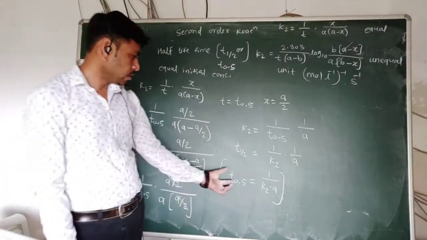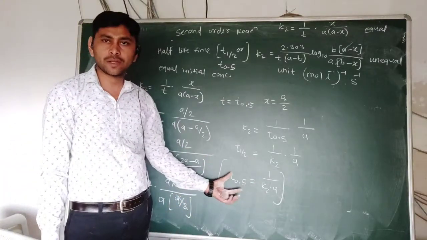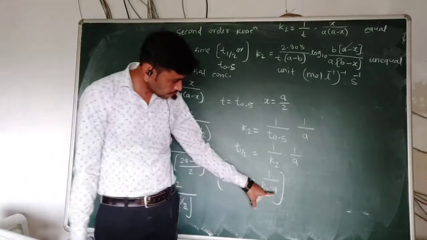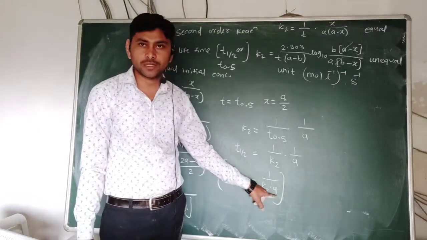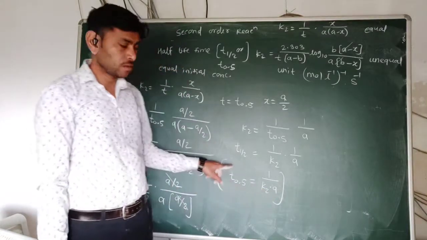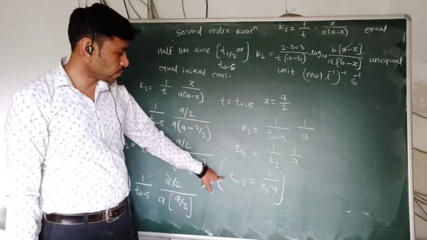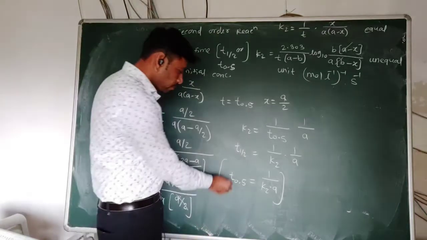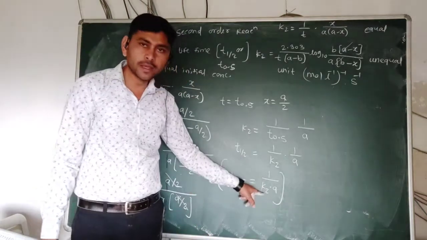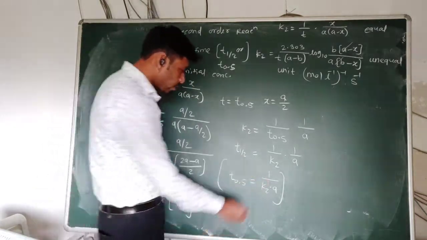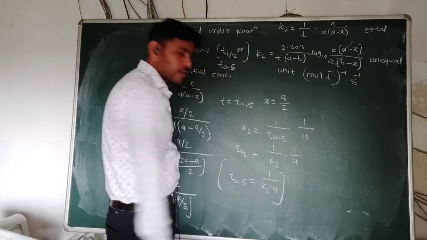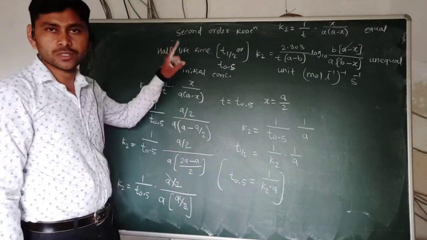So this equation indicates that the half lifetime, or time required to complete any fraction, is dependent on initial concentration. The a term is there in the equation for the half lifetime t 0.5, 1 upon k2 into a. A is the initial concentration.